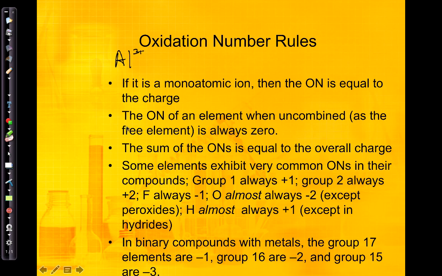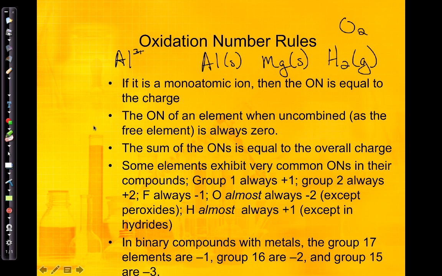If an element is uncombined, so if it's by itself, so if you have any kind of metal by itself, or if you have a diatomic element by itself, when it's not in a compound, those will have an oxidation number of 0. So here it has a +3 because it has a charge. Here it does not have a charge, so the oxidation number is 0.